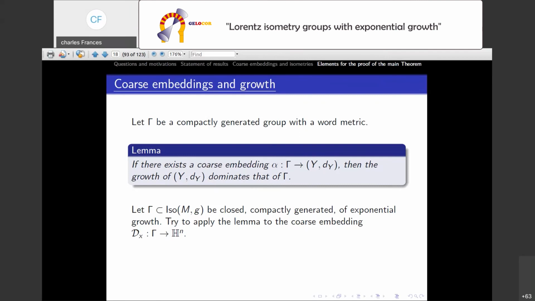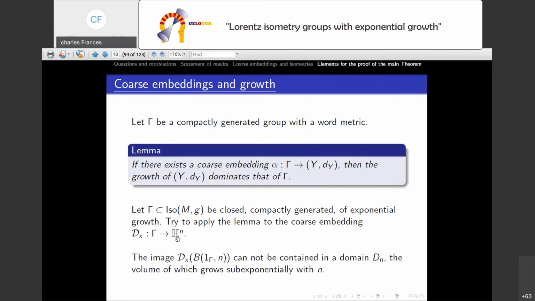But let us take the rough proof I gave, and remark that with the same proof, we can show that the image of a ball of radius n in gamma cannot be contained in a domain Dn in Y, the volume of which grows sub-exponentially with n.